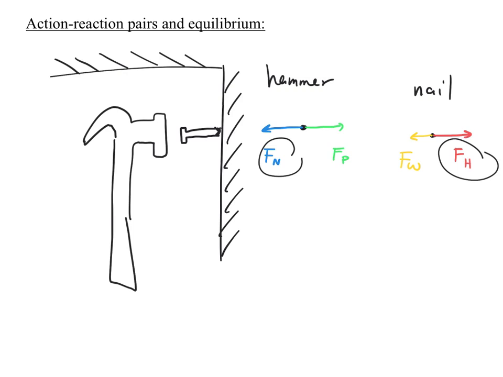FW and FP are these external forces outside of the action-reaction pair. But FH and Fn are equal and opposite to each other. Guaranteed, they have to be. Their values are the same, but they're in opposite directions. That's the whole concept of Newton's third law.